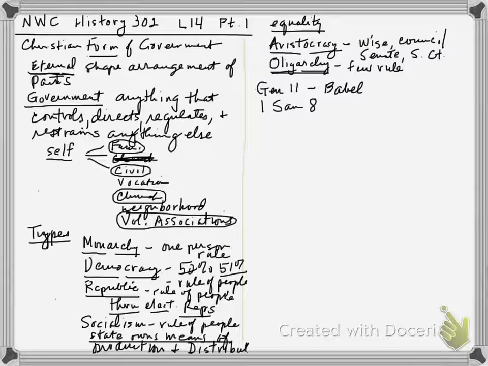Number 4, we talk about internal principles and external forms that are necessary for a republic. So as we think, what is necessary? What should we believe and establish for a republic?